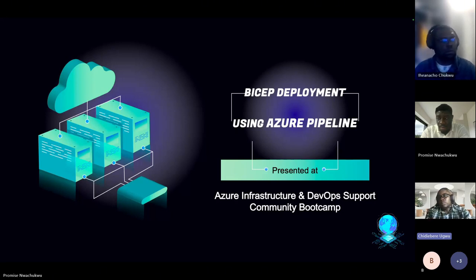Then the fifth benefit here is automation. With infrastructure as code, it helps you to automate deployment in the sense that within your pipeline file, you can set up triggers so that when code is pushed from a particular branch of your Git repo or Azure repo, depending on the repository that you are using, it can trigger the pipeline to deploy that infrastructure.